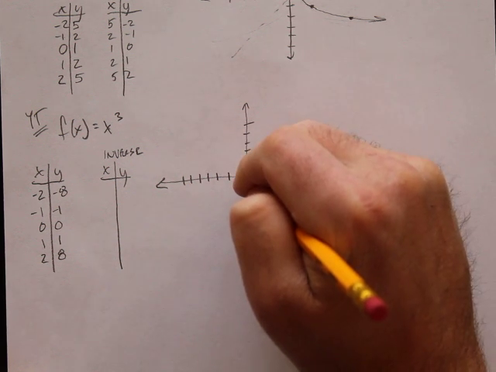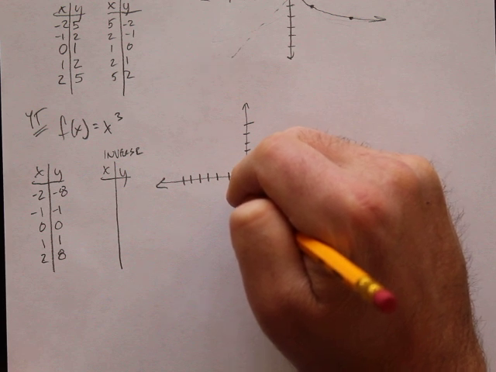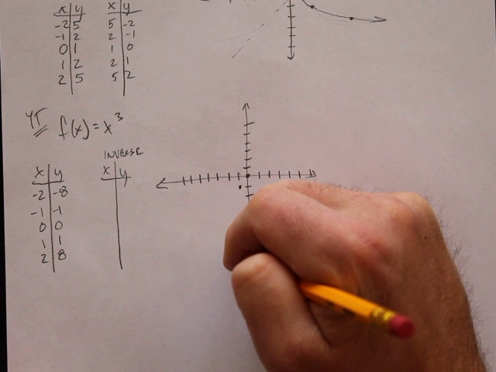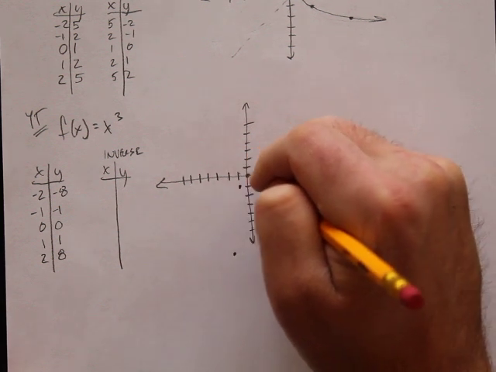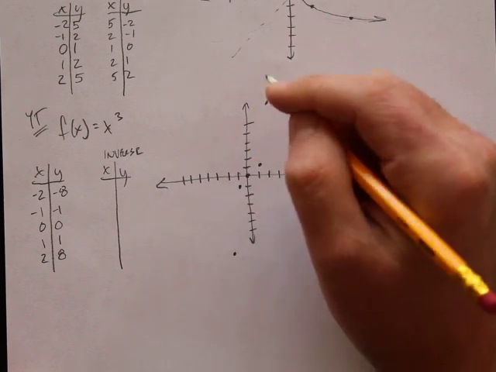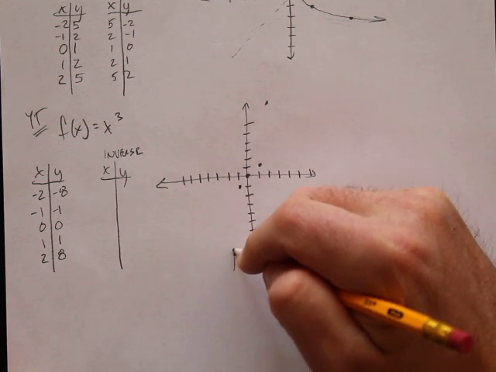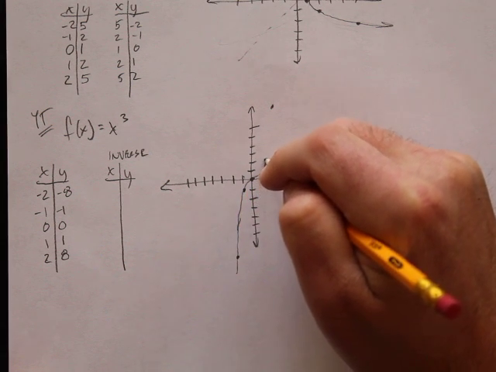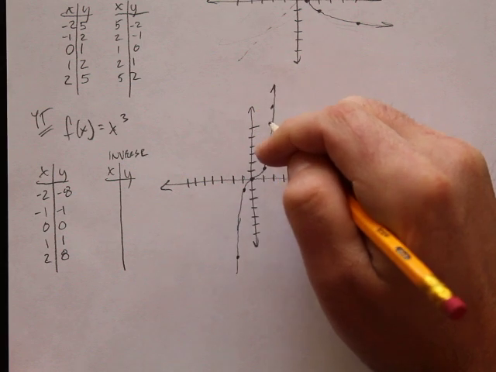So I've got 0, 0, I've got -1, -1, and I've got -2, -8, which is going to be way down here somewhere. And then I've got 1, 1, and 2, 8, which is going to be up here. And so this looks like that.